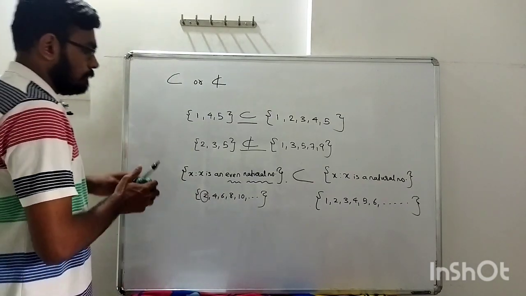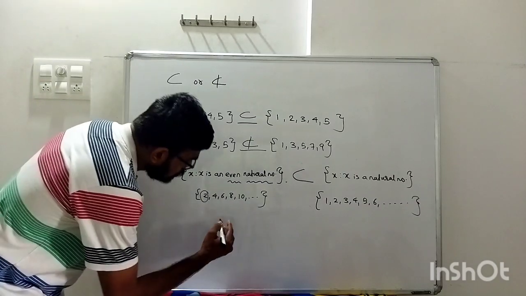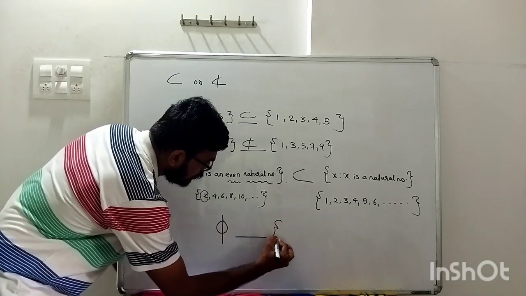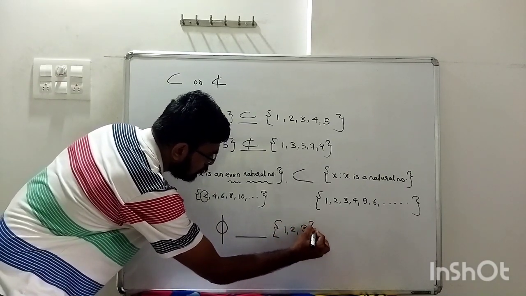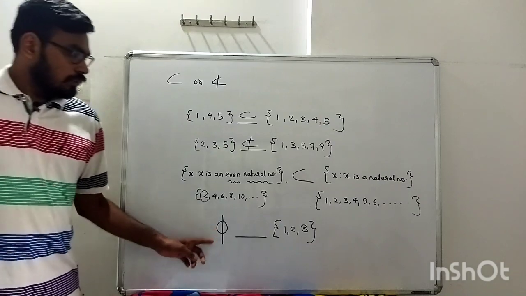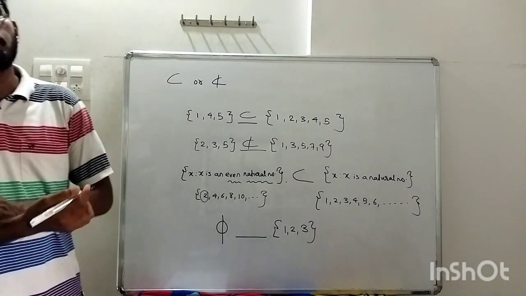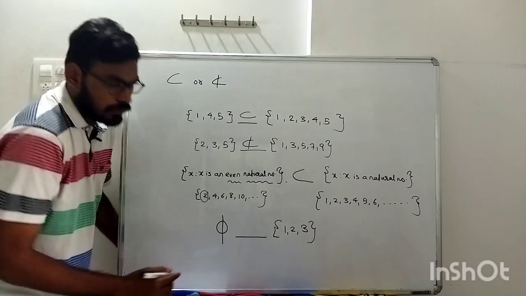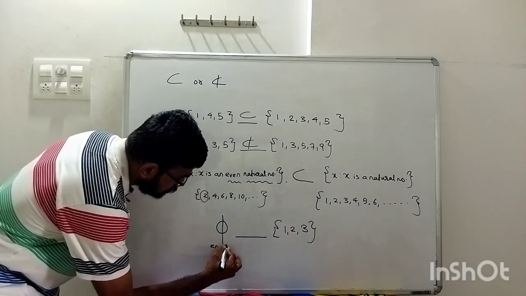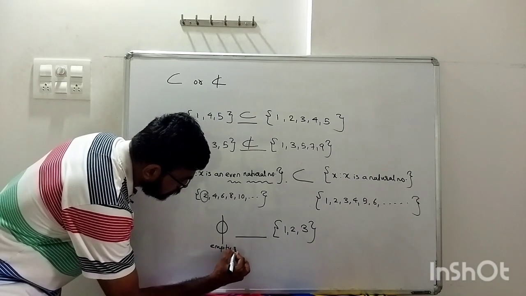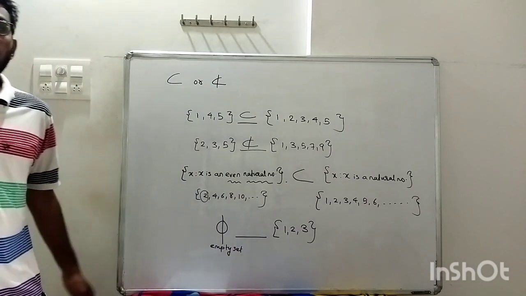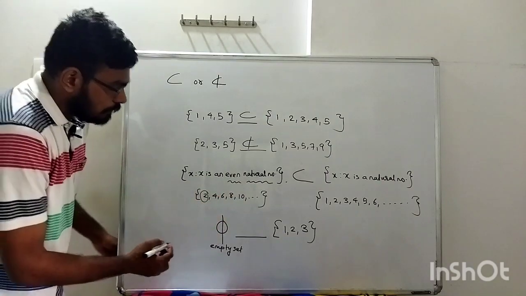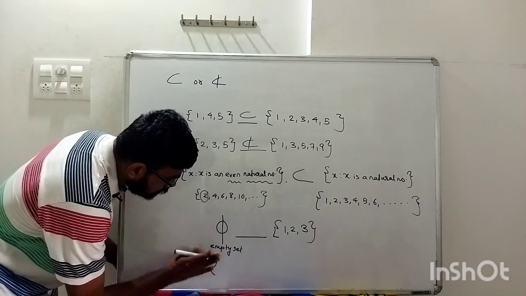So now there is one question. Let's put this here and write 1, 2, 3 here. Now is this a subset of this? How do we check? This is the empty set. Empty set means it doesn't contain any element.